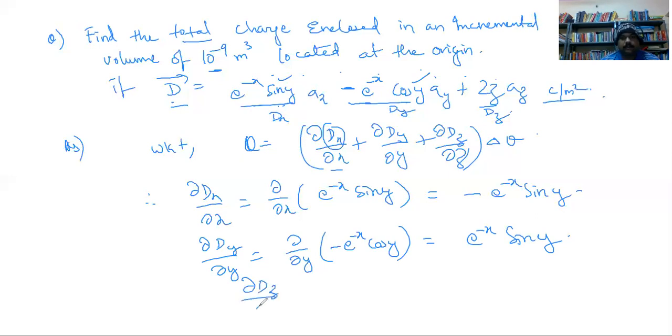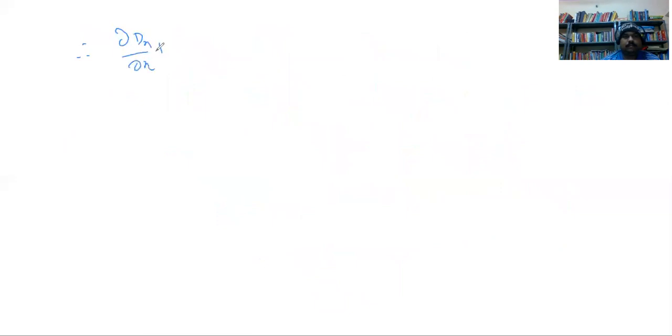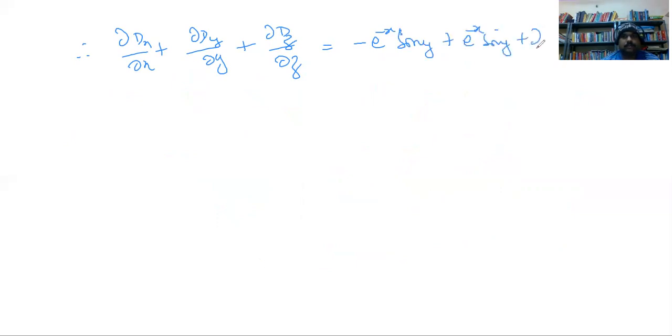Dou dz by dou z is dou by dou z of dz, which is 2z, equal to 2. So therefore, dou dx by dou x plus dou dy by dou y: minus e raised to minus x into sin y plus e raised to minus x into sin y, plus 2, is equal to 2.